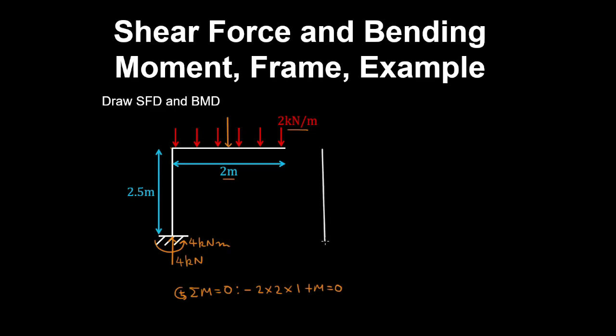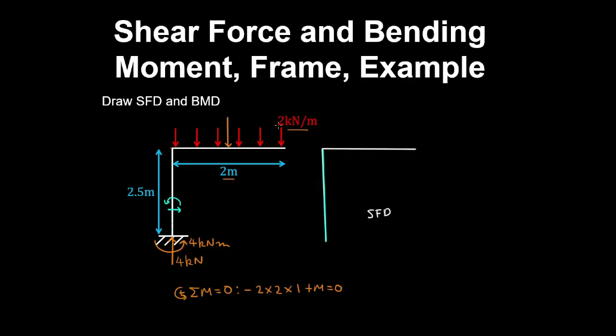And we'll first draw the shear force diagram. Well, if we cut the column from bottom to top, we can see that there's no horizontal reaction acting on this segment. So the shear force in the column is all 0.